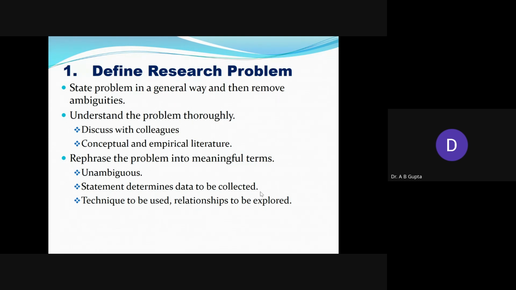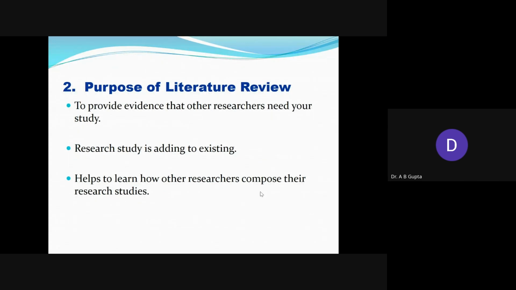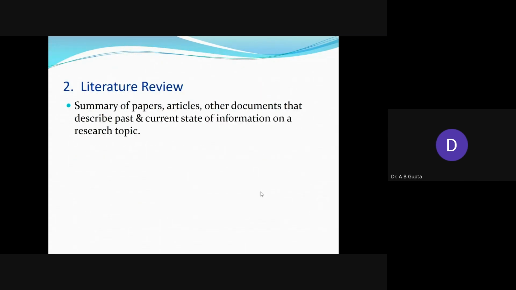Then you come to the second aspect, literature review. The second step in conducting the research is literature review. So collect information related to your problem. You refer to certain papers, articles, documents.